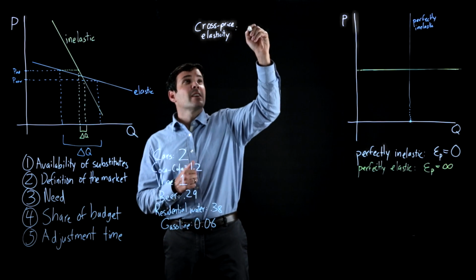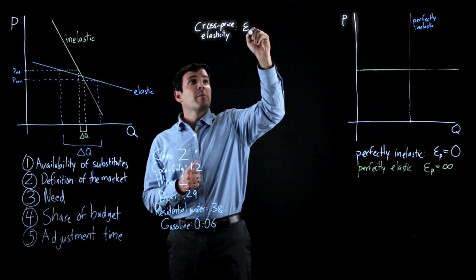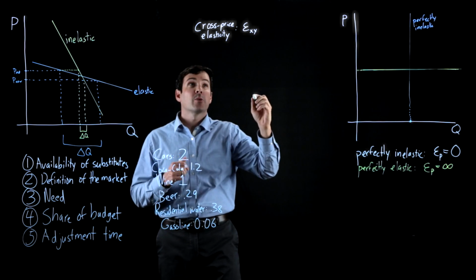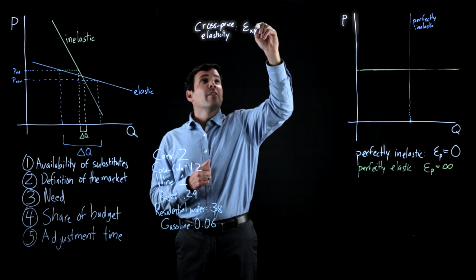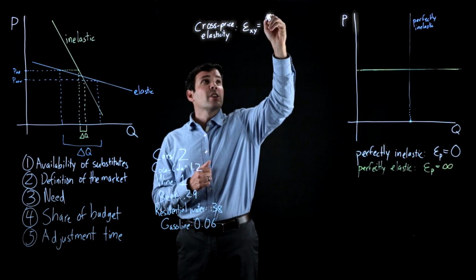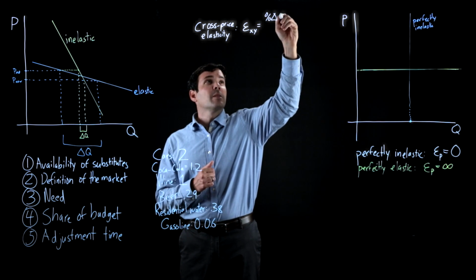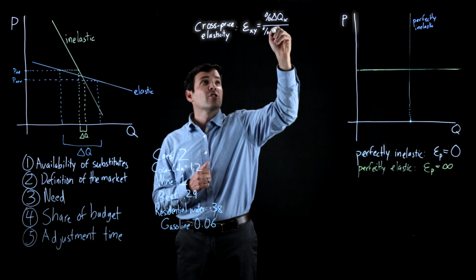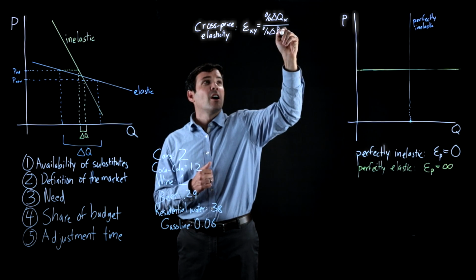And we can represent this again with an epsilon. I'm going to put an X for good X and a Y for good Y. Those are the 2 goods we care about. And this is just going to equal the percent change in the quantity demanded of good X for a percent change in the price of good Y.